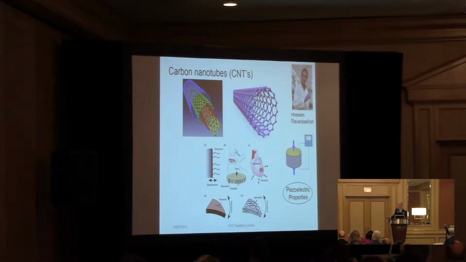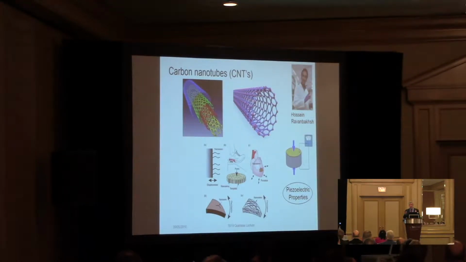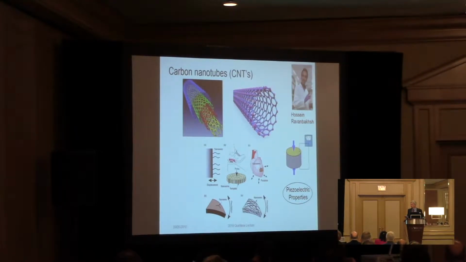Now, one thing that's interesting about carbon nanotubes is that they respond to electrical stimulation by stretching. So multi-walled nanotubes can be construed as actuators, and if you put an electrical current through them, they're going to deform.